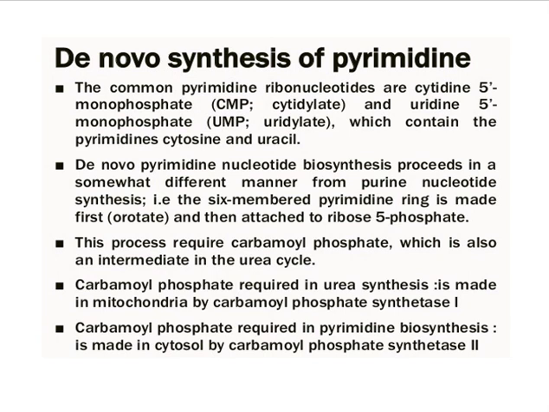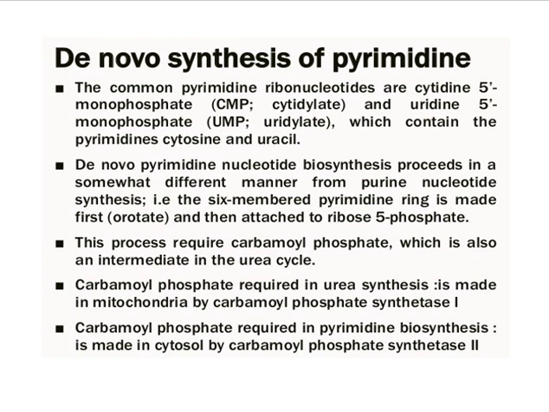Now we will discuss the synthesis of pyrimidines. The common pyrimidines are the CMP, UMP and TMP. The de novo synthesis of pyrimidine nucleotides is somewhat different from the de novo synthesis of purine nucleotides.